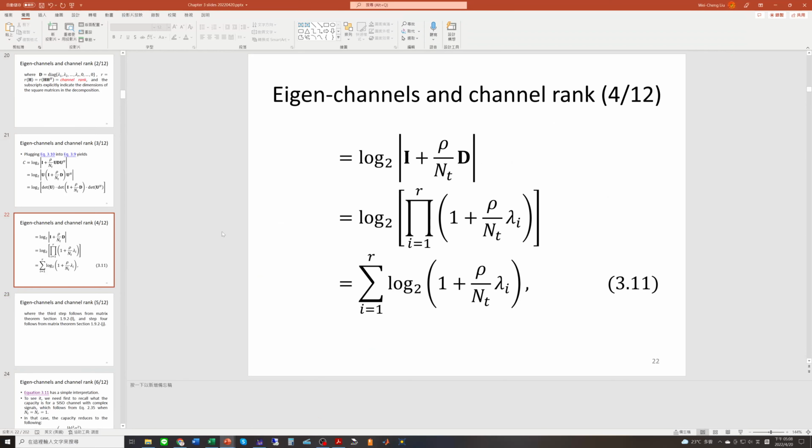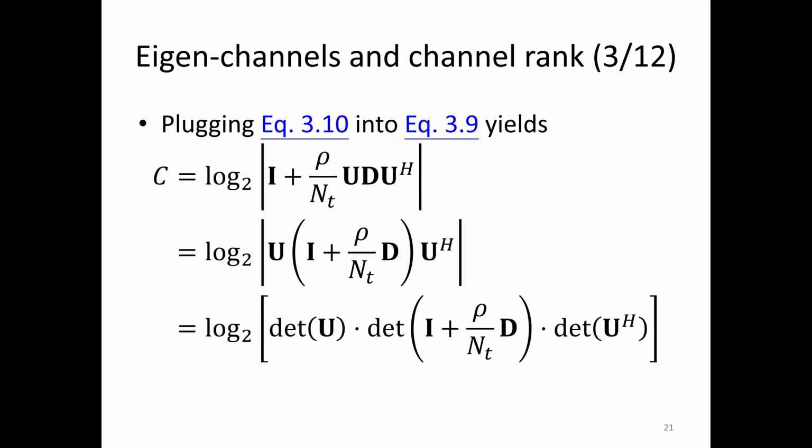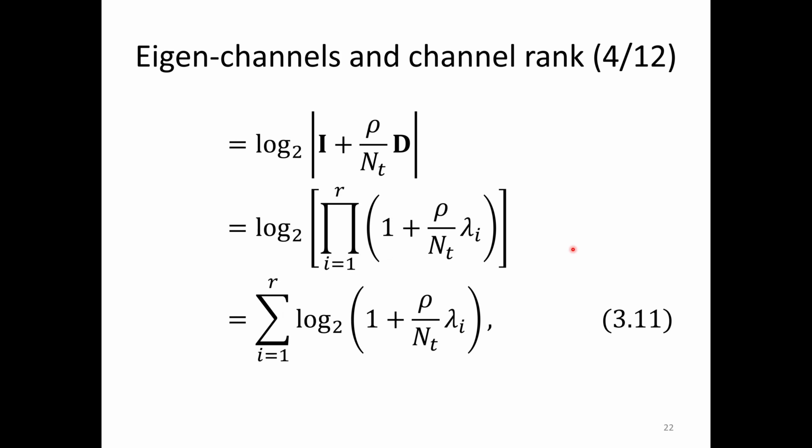So we know that the determinant of U is equal to 1. But why does the determinant of U Hermitian also equal 1? It is left to you as an exercise because I think it is very easy to solve.